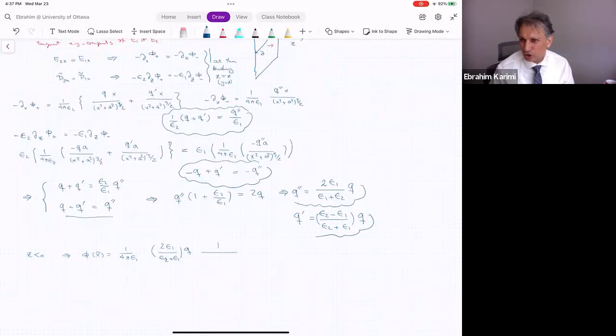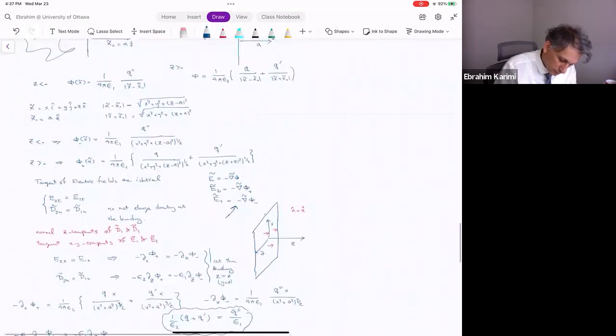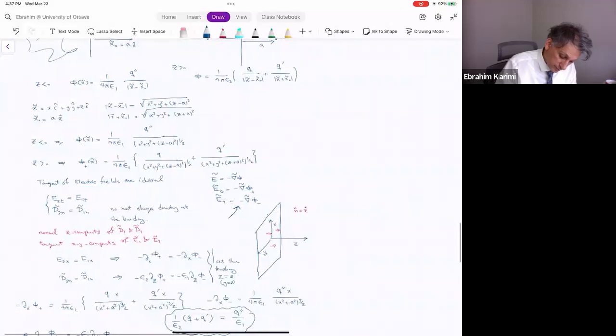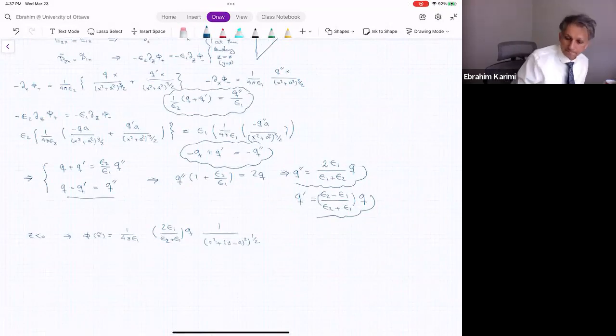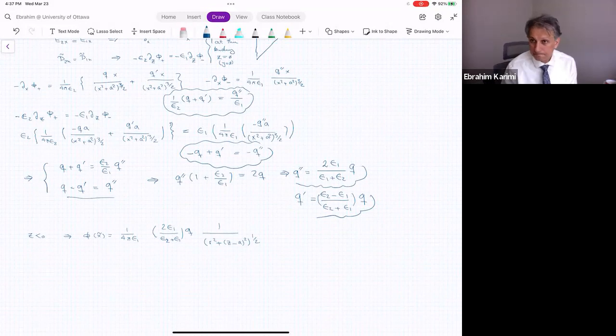I'll put it as r squared. Is that fine? It's just cylindrical symmetry, because I know that this has cylindrical symmetry. So I'll put it as r squared plus z minus z plus a, squared, to the power of 1 half. Oh, sorry, minus. Good. I just substituted in the expression.